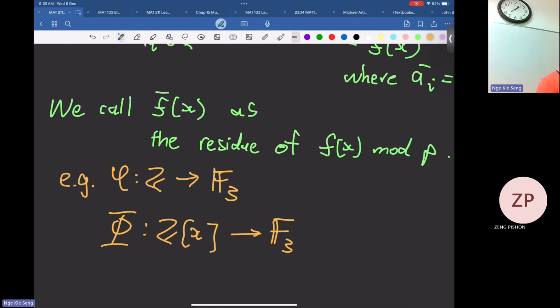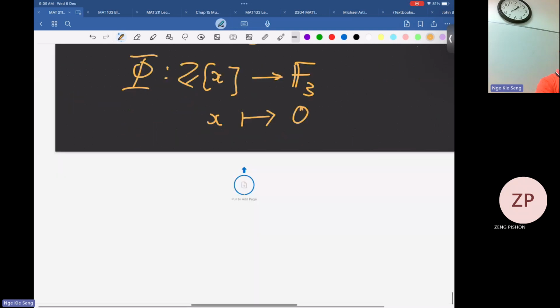What can I do? By the theorem, there is a unique homomorphism if I tell you where x should go. Say I send x to 3. There's no 3 here, right? There's just 0, 1, 2 here. 3 is equivalent to 0, so maybe we can send x to 0. If you send x to 0, then most things get sent to 0.